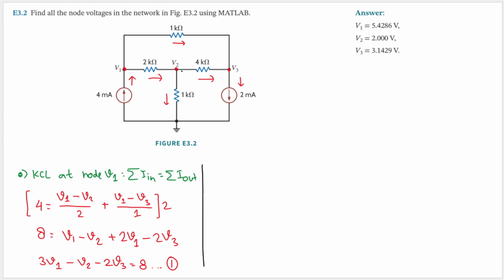Now let's do KCL at node V2. Again, KCL says the sum of the current that goes in will equal the sum of the current that goes out. The only current that goes in is this one, and that current is V1 minus V2 divided by 2.